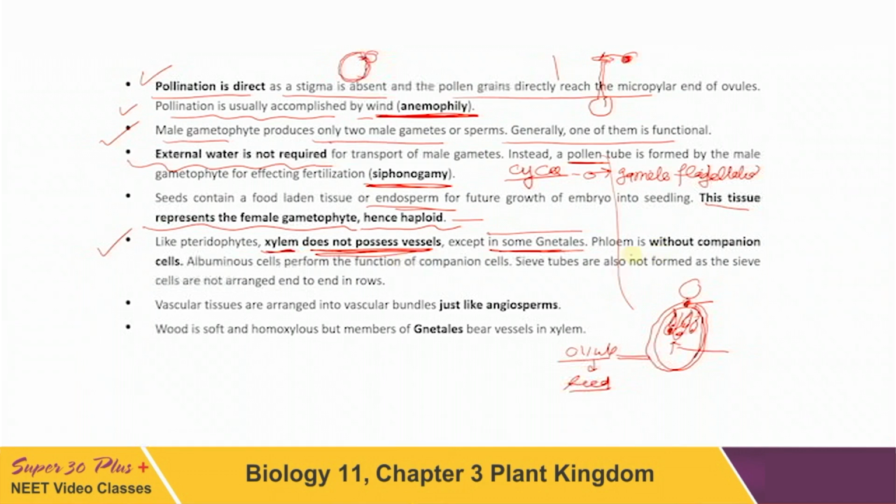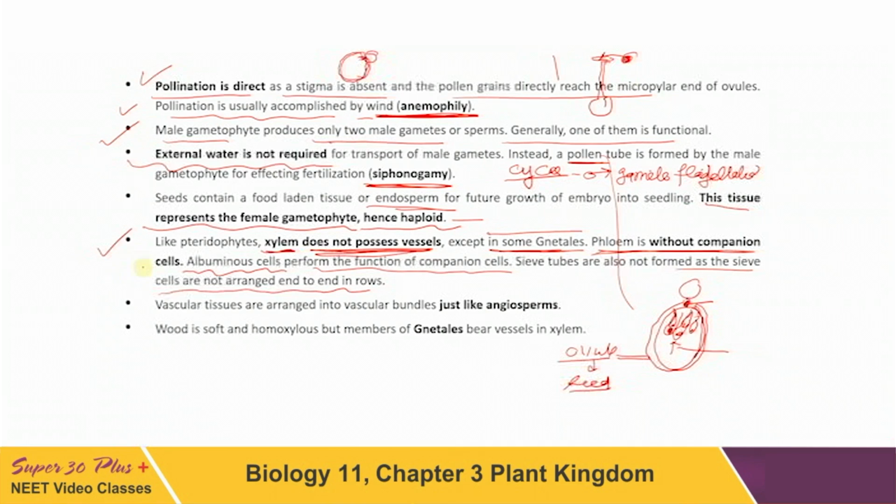The phloem is without companion cells. Instead of companion cells, gymnosperms have albuminous cells, which do the function of companion cells. Sieve cells are not arranged end to end here.